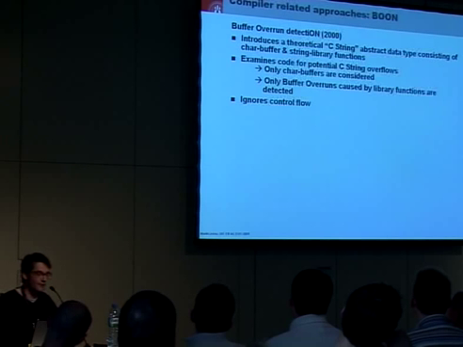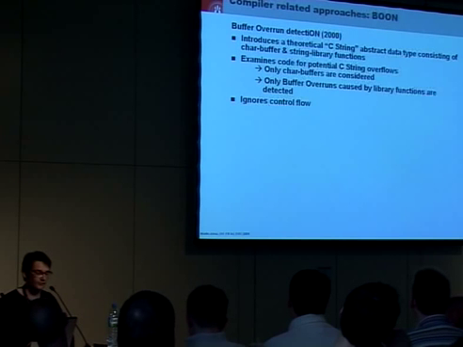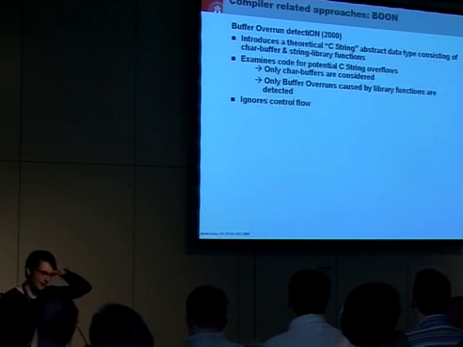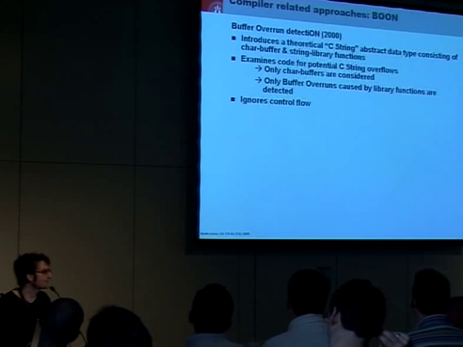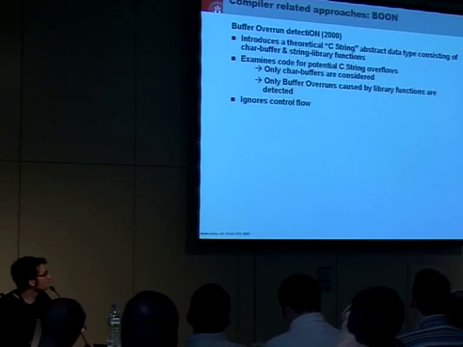And so this is the only thing that Boon looks at. It looks at the way these library functions work on the character buffers and if they may cause security problems with buffer overflows. Boon ignores control flow, but is still able to make some interesting observations.